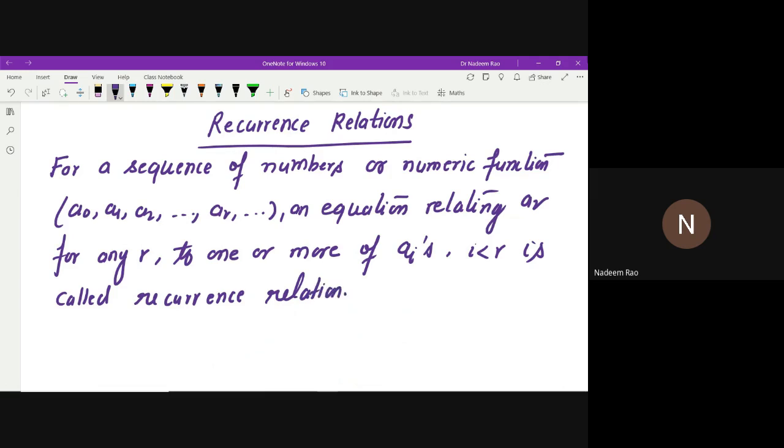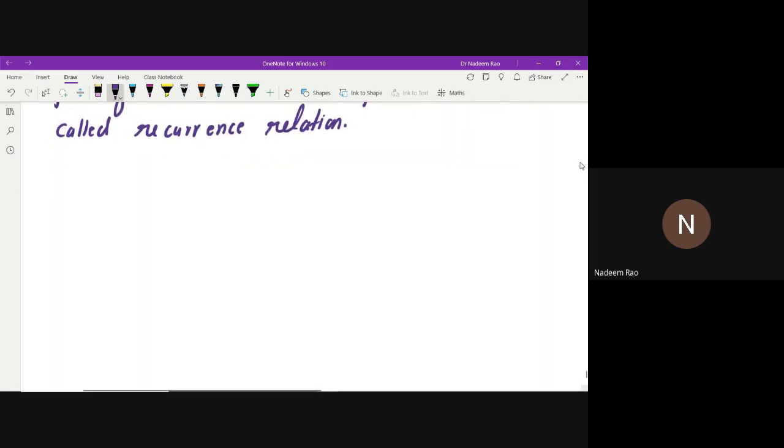For example, ar equals to 4 times ar minus 1 and r is greater than equals to 1, or ar equals to ar minus 1 and minus 2 times ar minus 2 where r is greater than equals to 2 are recurrence relations.